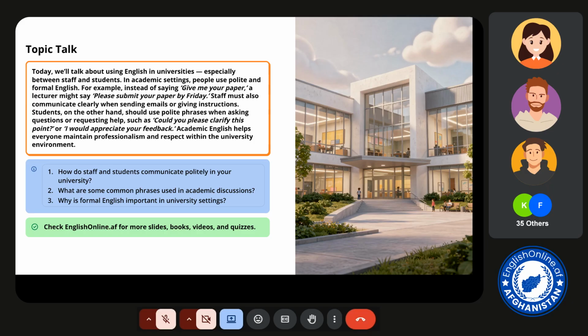students have to behave in an academic and very formal manner with staff and also with other academic persons in the university, and they have to use polite titles like doctor, professor, Mr. and Miss, and also they can use them in some official emails.